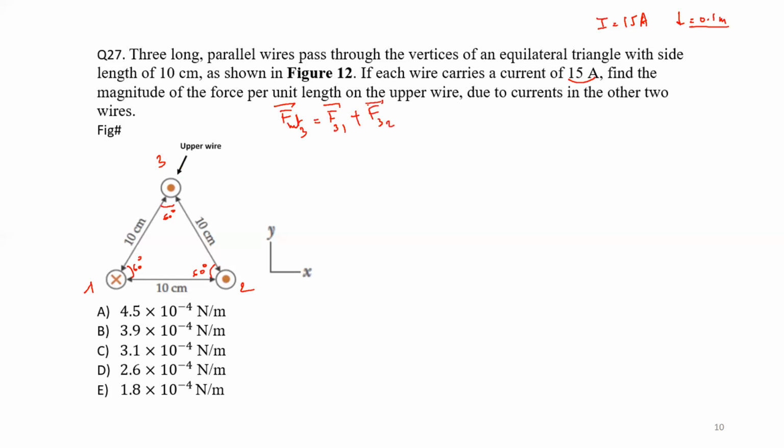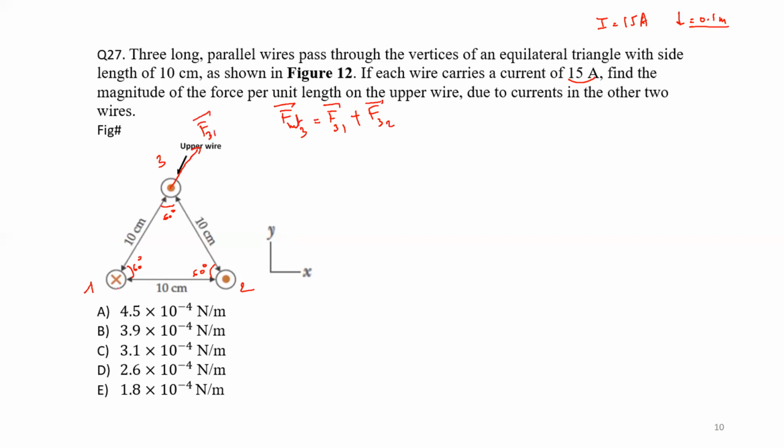Now, how is force on 3 by 1? So you see, wire 3 and wire 1 are anti-parallel currents. They are parallel in direction, but one is pointing out, one is pointing in. So what do you think? It will be a repulsion, of course. Okay. So F on 3 by 1 is just going in this direction. This is F31.